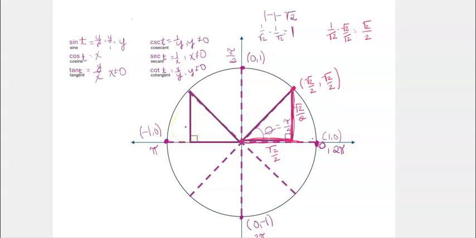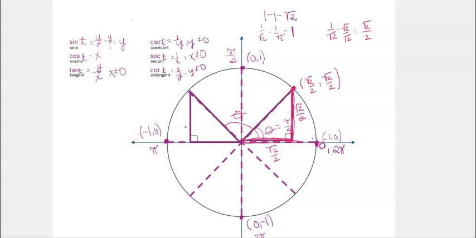Now if I draw another one over here, another 45, 45, 90 degree triangle in the second quadrant, theta would be 135 degrees because it's 90 and then another 45.